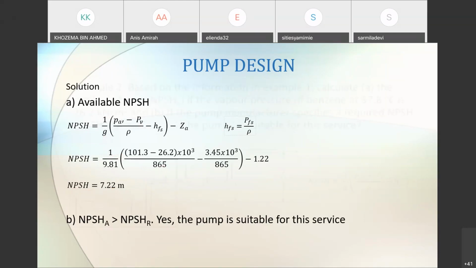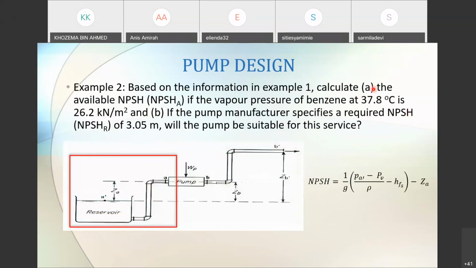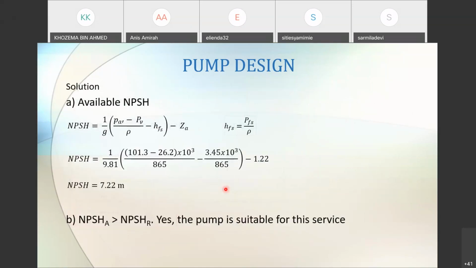The question asks us to calculate the NPSH-A value and then to see whether the pump is suitable or not. The supplier gave us the NPSH-R of 3.05. So if we have 3.05 and above, then we can use the pump.